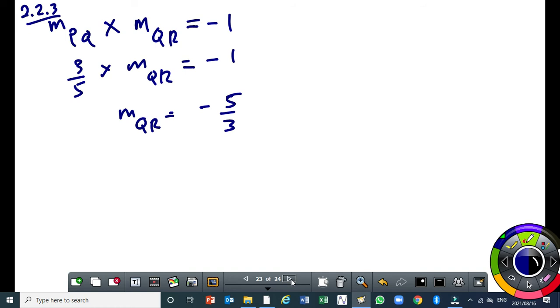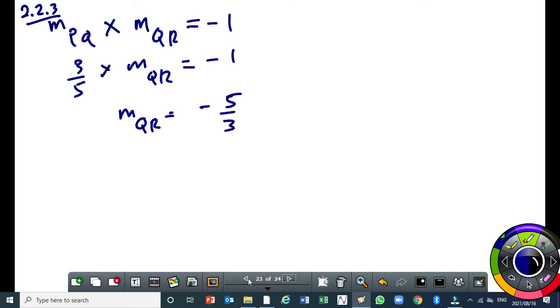We have 3 over 5, and this becomes minus 5 over 3, because the product is negative 1. Or if you think you can get confused, just solve this equation. It's a grade 8 or grade 9 equation. I'm not supposed to teach you how to solve that equation.